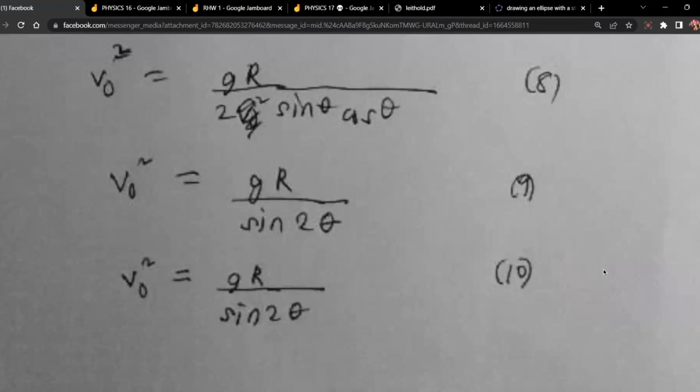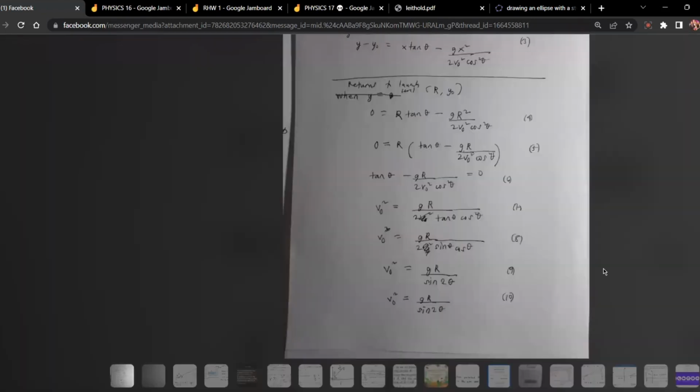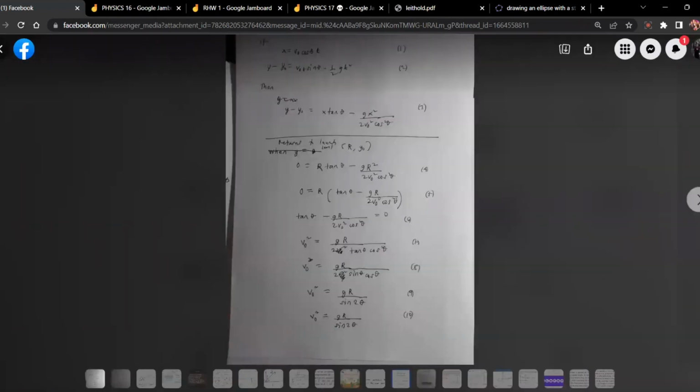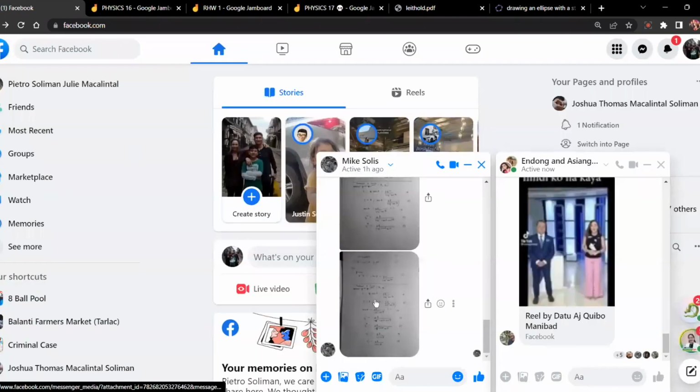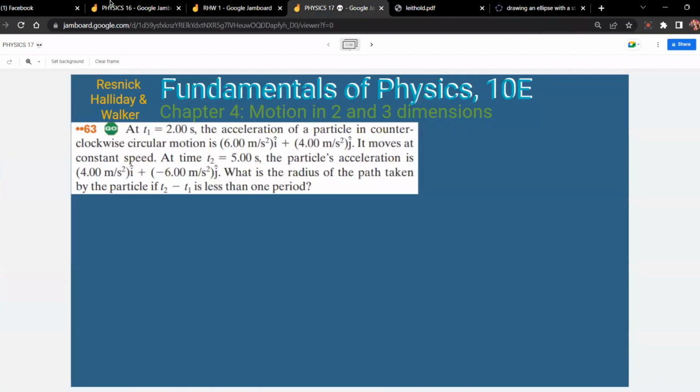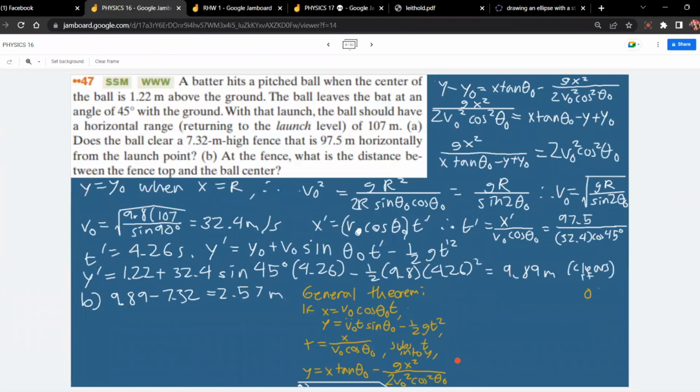And then, yung next steps would be, we now solve for V naught in terms of the other variables. So, we now solve for V naught square in terms of other variables.